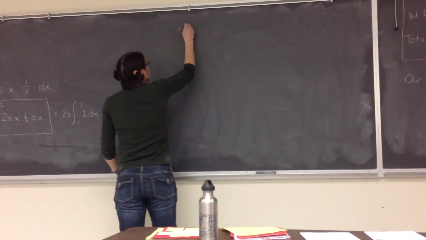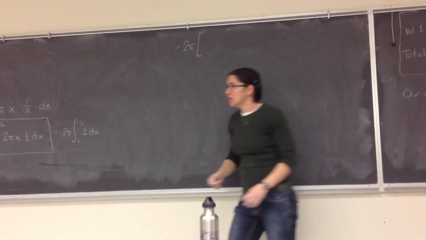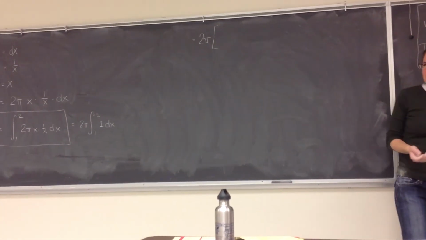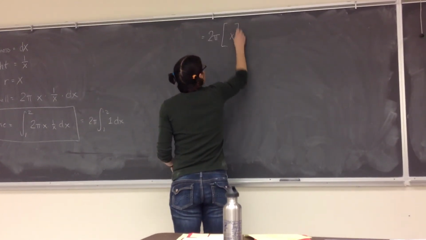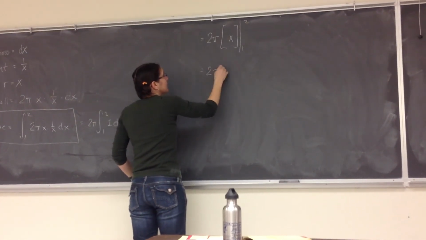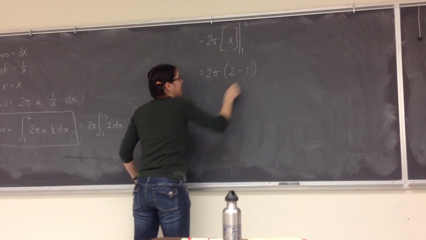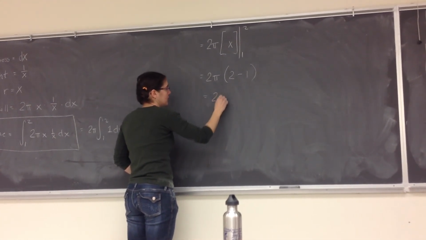Now I'm going to take my antiderivative of 1, which is just x. I'm going to evaluate that between 1 and 2, so I'll plug in 2, and then I'll plug in 1, and I'll subtract them. And so I end up with 2 pi times 1, which is 2 pi.